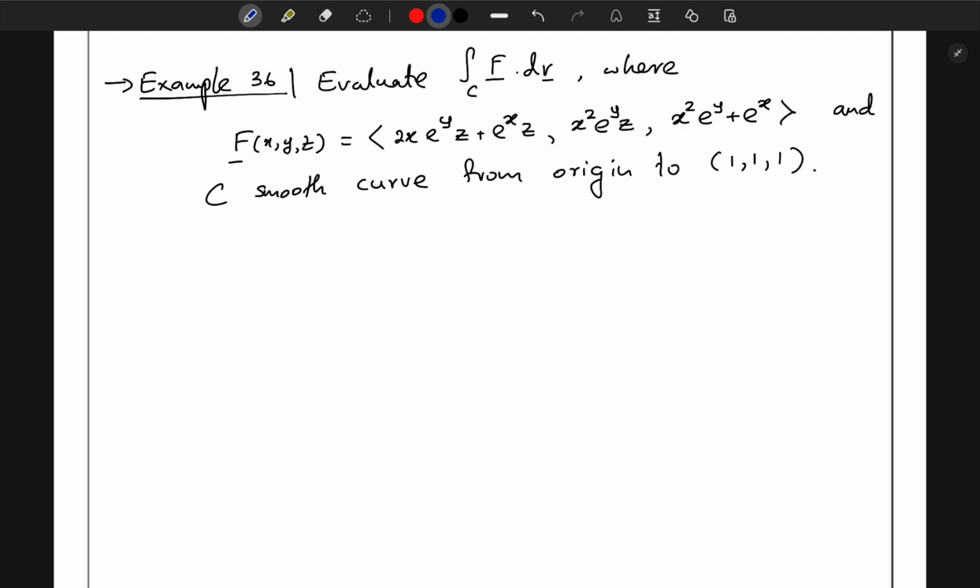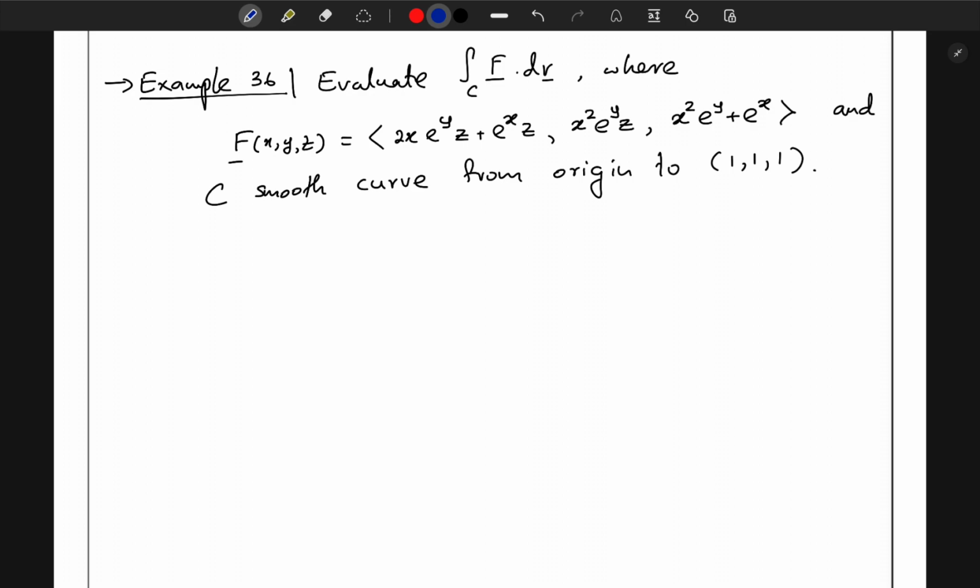Now to do this we actually need the conservative property because they have not given what c is exactly, so it is a smooth curve. So let's check first whether f is conservative. If it is conservative, let's find the potential and use the fundamental theorem.